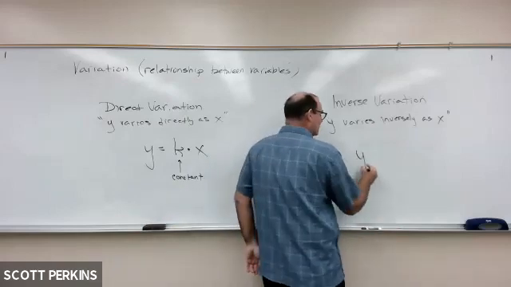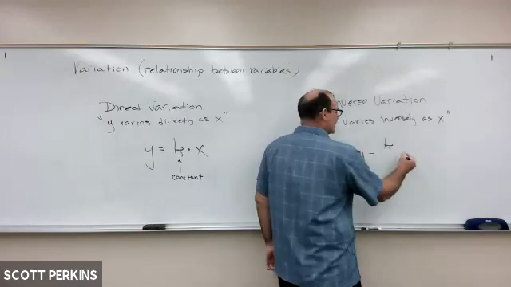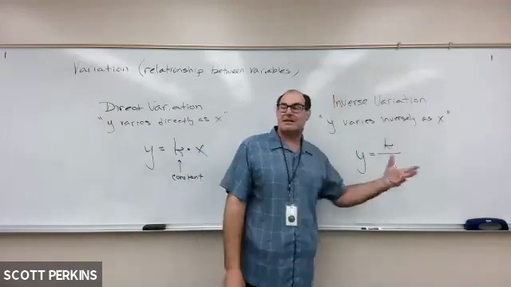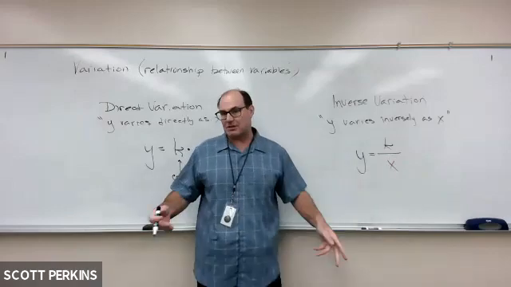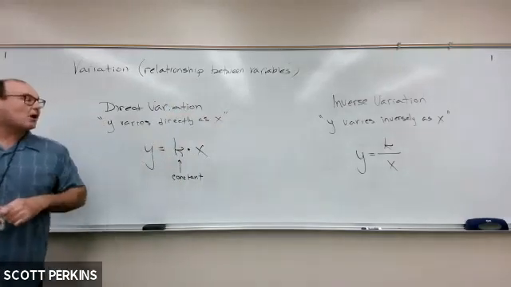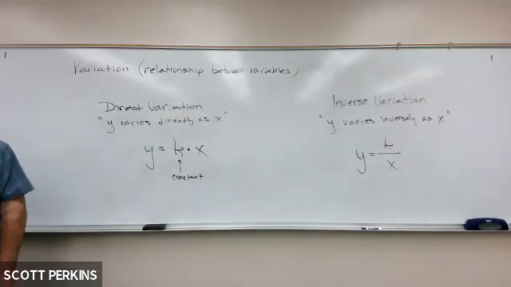It's y is equal to k, which is again my constant, divided by x. And hence, that's why this is in this unit, because we've got a fraction, in case you were wondering. Those are the two types of variation that we are going to mess around with here for a little while.